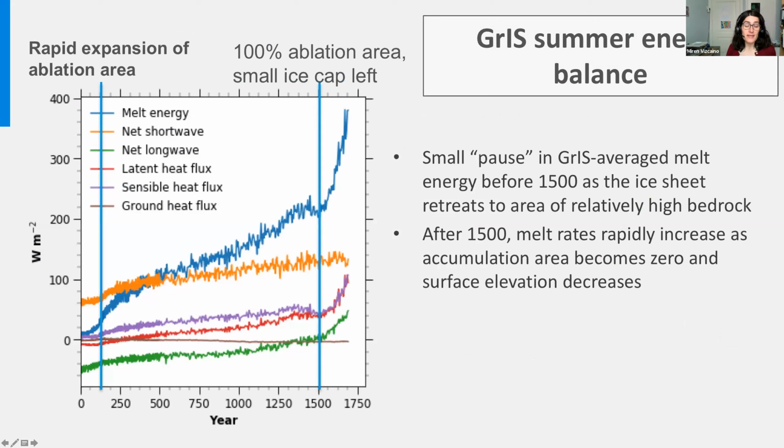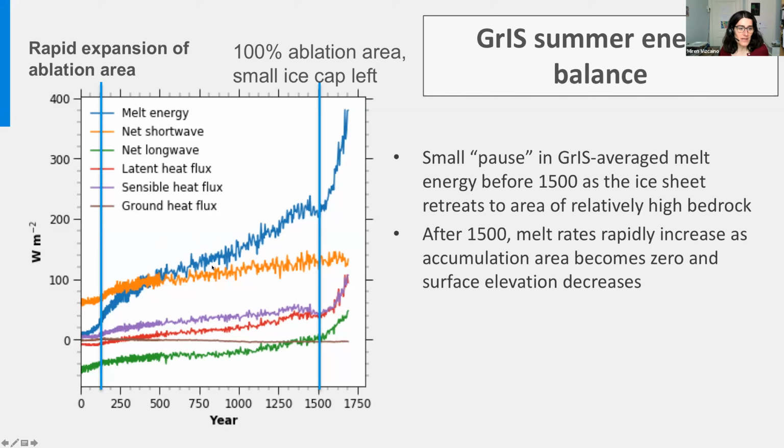Okay. So if we look at the energy fluxes, this is a continuation of the story that we saw before. The latent and the sensible are providing quite some, particularly at the end when we have this very small ice cap.